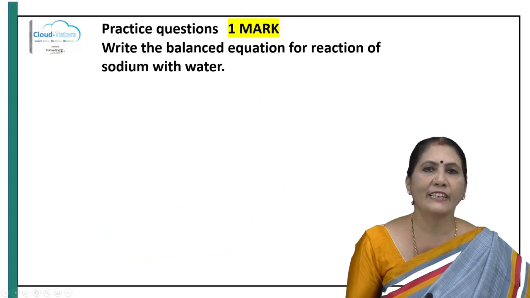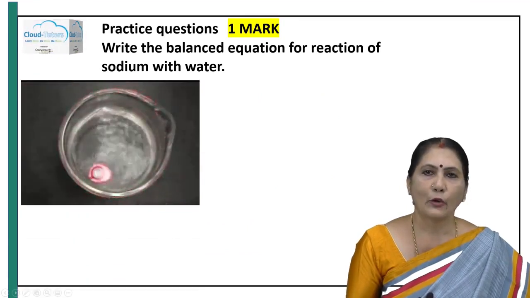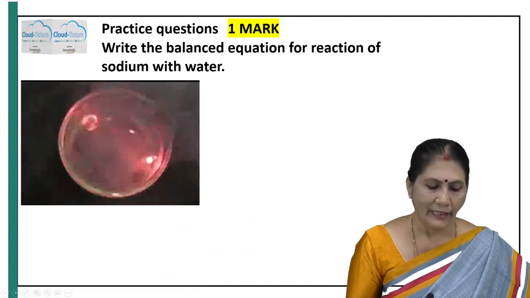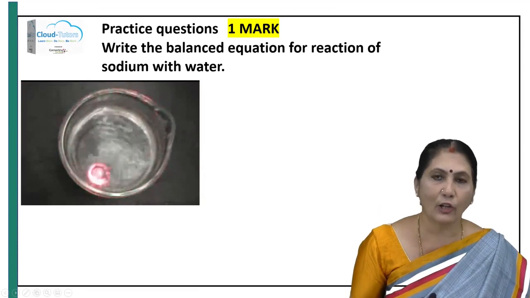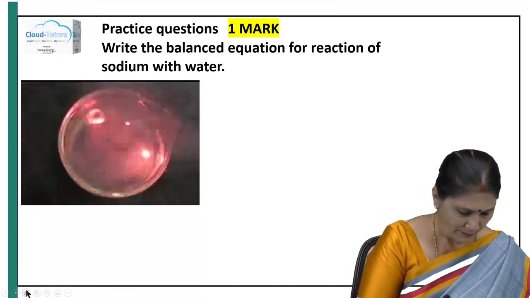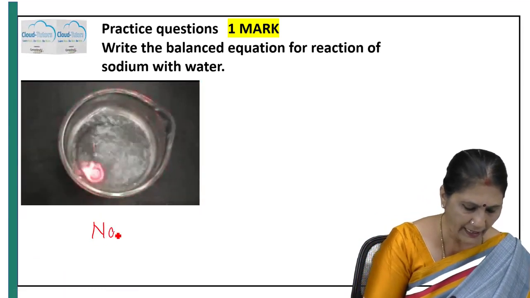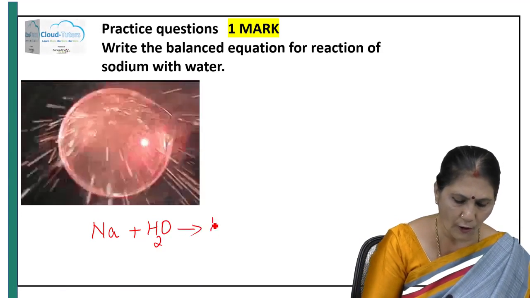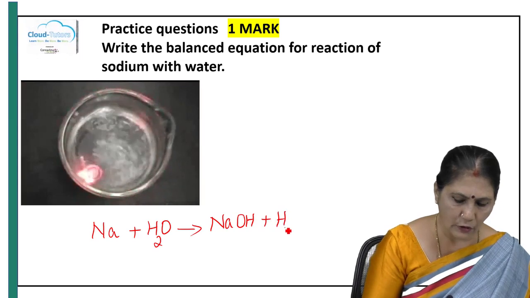Write the balanced equation for reaction of sodium with water. Now let's see. Sodium is a highly reactive metal, an alkali metal, which reacts with water. It bursts out in flames, giving sodium hydroxide, and hydrogen gas is liberated. So the equation will be Na reacting with H2O to form NaOH plus H2.